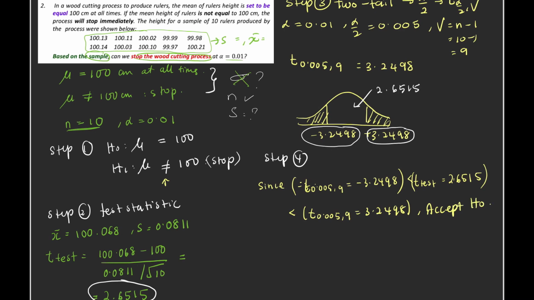So, it is in the middle. It is greater than negative 3.2498 and is less than positive 3.2498. So, acceptance region, accept H null.